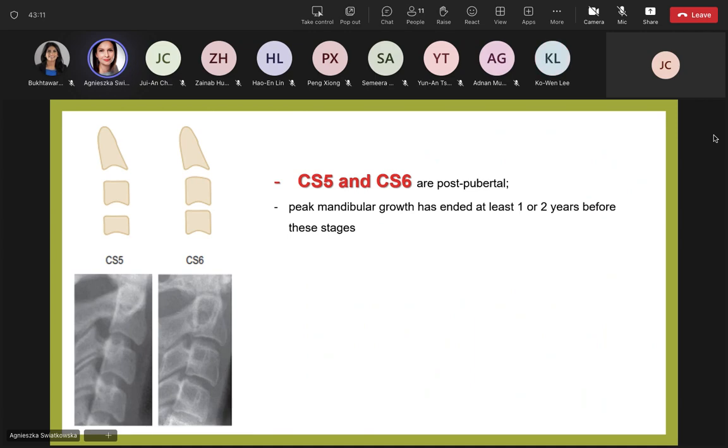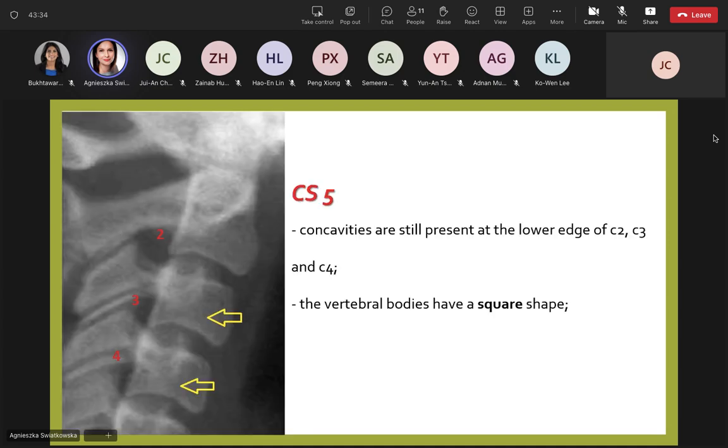Stage 5 and 6, it's information for us that the patient has almost finished growth. So we can expect 5 to 10% of all the growth at stage 6. But it's information for us that the growth is finished. We couldn't expect growth of the whole body. And look at the shape of the vertebra.